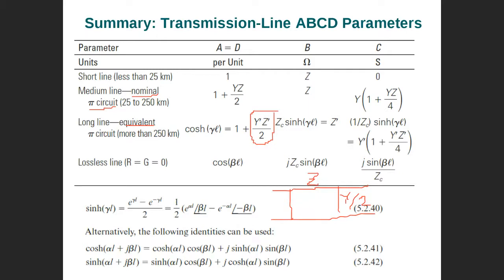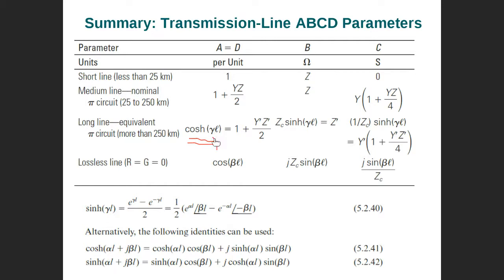Now, how to find these? Let me change this one here. We use the cosine hyperbolic of gamma L. Gamma, again, is the propagation constant, per meter.